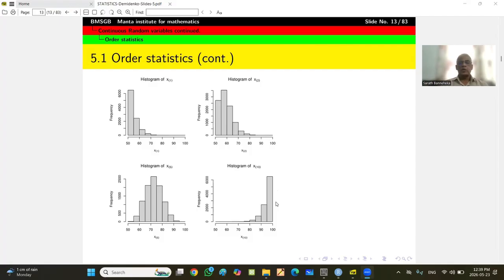I hope you have come up with the explanation. But anyway, to understand this, let us look at some samples of size 10 from a uniform distribution.